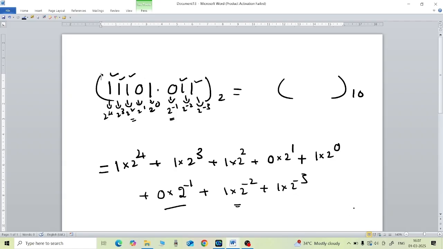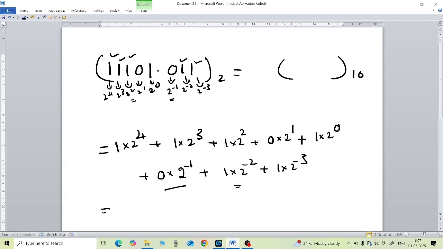Now just find the sum. 1 into 2 raised to 4 is 16, plus 1 into 2 raised to 3, that is 8, plus 1 into 2 raised to 2, that is 4, plus 0 into 2 raised to 1. Any number raised to 1 is that number, but since it is 0 here, it is 0. 1 into 2 raised to 0: any number raised to 0 equals 1, so it is 1. Then 0 into 2 raised to minus 1 is 0.